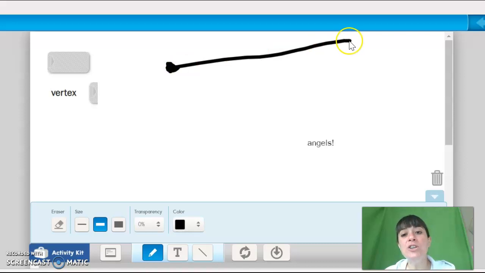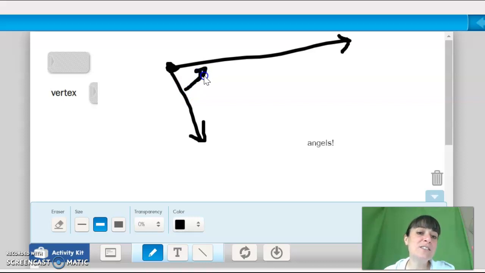And when you have any two rays or lines coming from a vertex, you have the opportunity to create an angle. An angle can be an interior angle, such as this one inside of a smaller space, or it can be an exterior angle, this larger one on the outside of this particular shape.